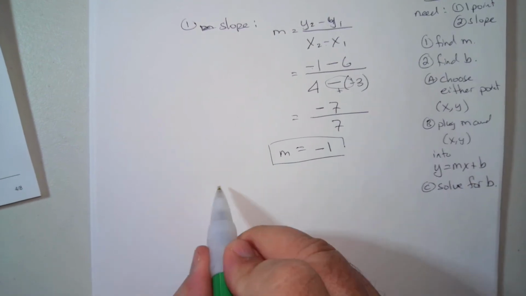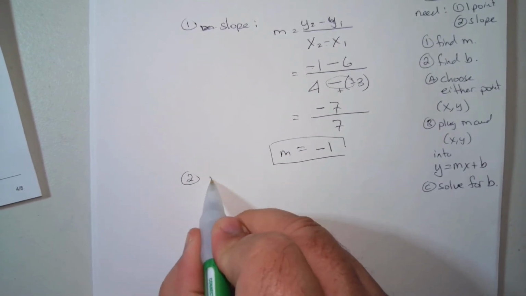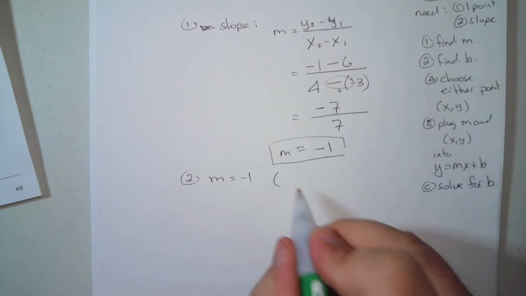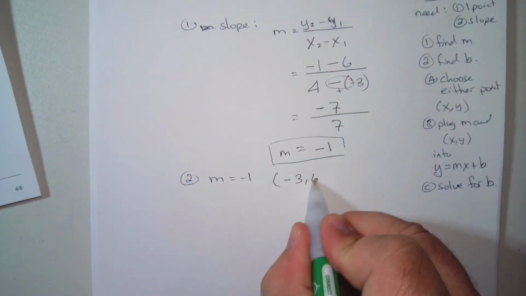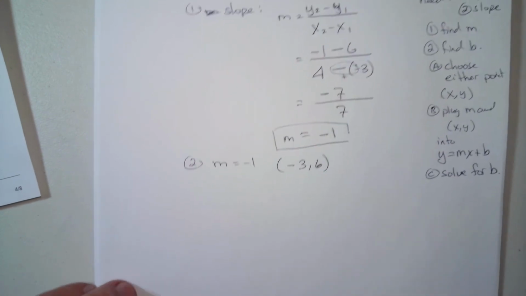That's where we are now. So we have the second step. We have our slope is negative 1. We choose either of the 2 points, so I'll just choose negative 3, 6. Doesn't matter which point you pick, because it's going to be on the same line.